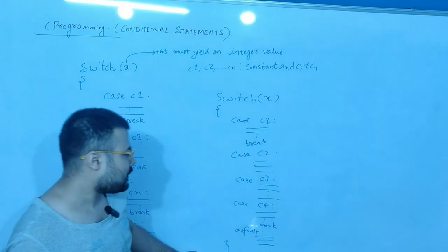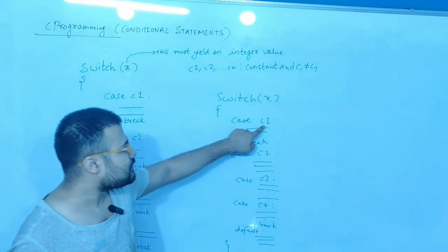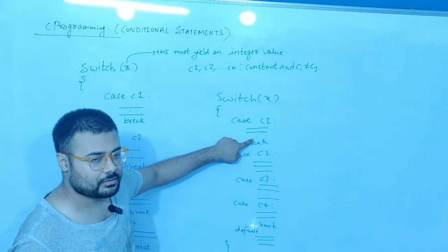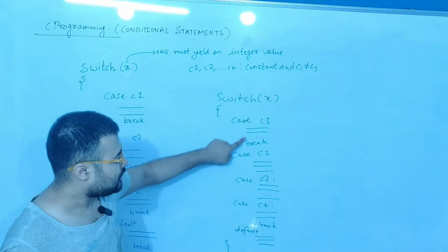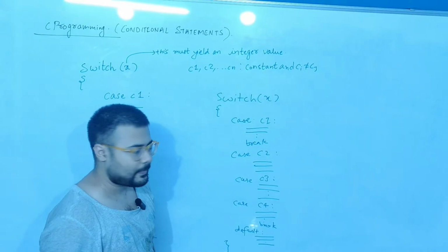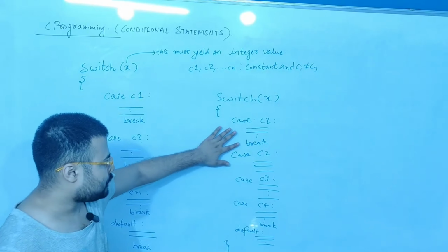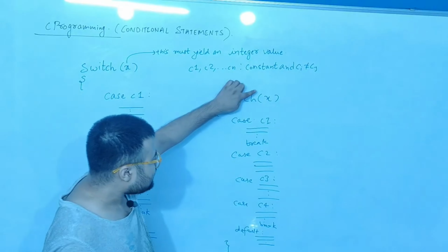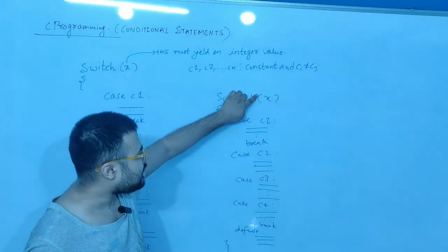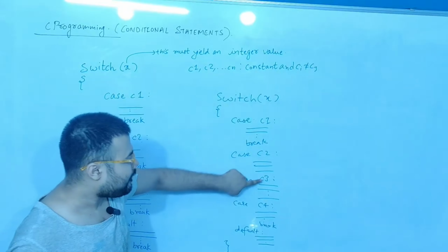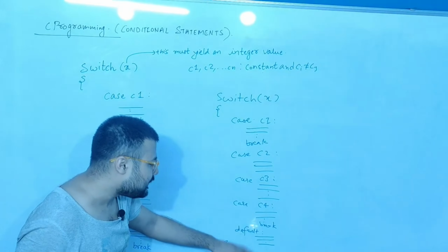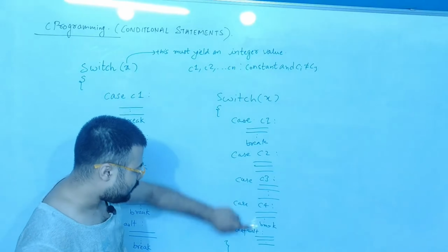If this is what your switch statement is, then if C1 matches with X, the statements that belong to case C1 will be executed, and because of this break it will come out of your switch statement. But let's say C1 does not match with X, C2 does not match with X, but C3 matches with X. Now the statements of the cases will be executed, not all.